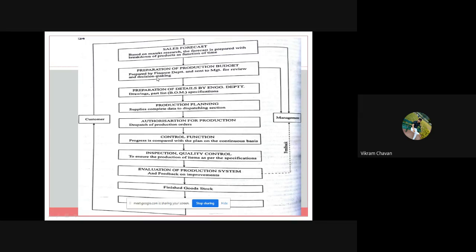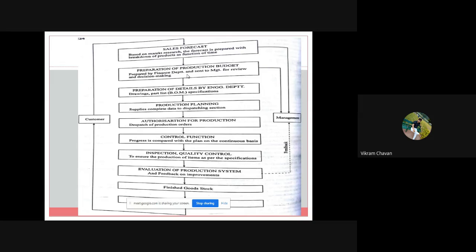This finance department prepares the detailed budget of production, and this detailed budget will be provided to the production department for any changes, or for consulting purposes. The finance department is not really involved in the production system, so there may be some changes related to the budget.